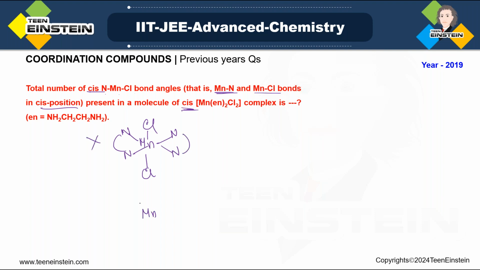The correct one will be this one, where the two chlorines are cis to each other. The first picture is not correct. This is trans, and it has already been mentioned cis. So this is the second picture you have to consider when you find the angle.